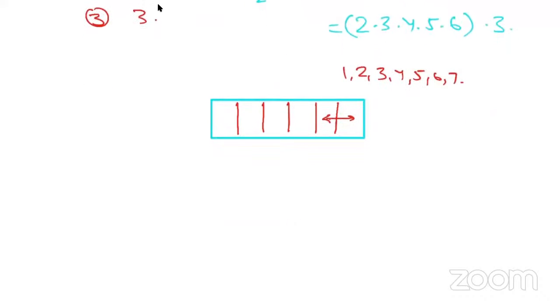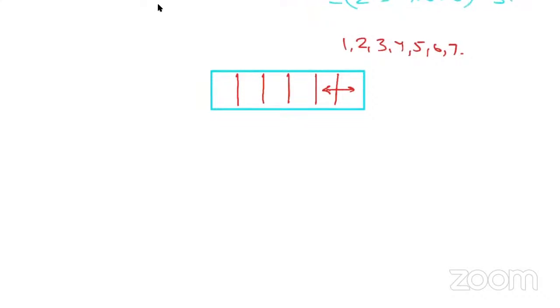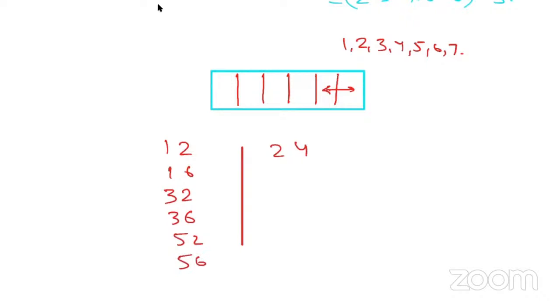The options are 12, 16, 24, 32, 36, and 44, which is not possible because of repetition. 28 is not possible since 8 is not there. Then 64, 72, and 76. So we have 10 options for the last 2 digits.